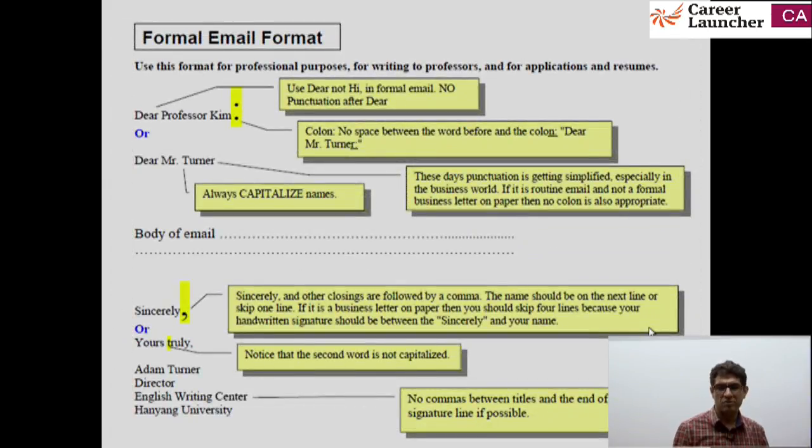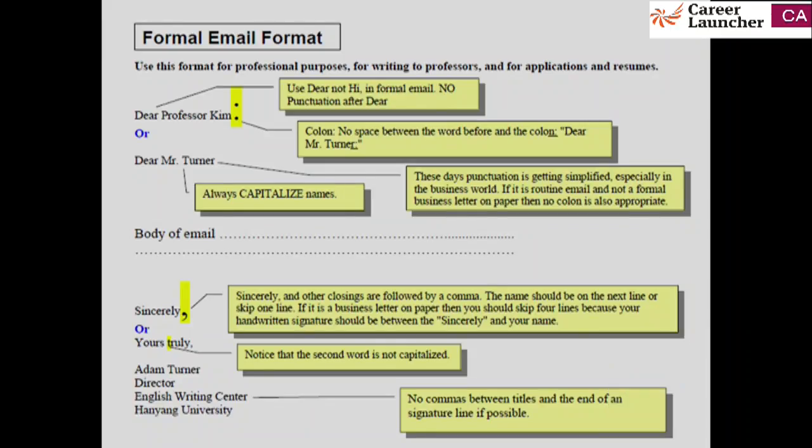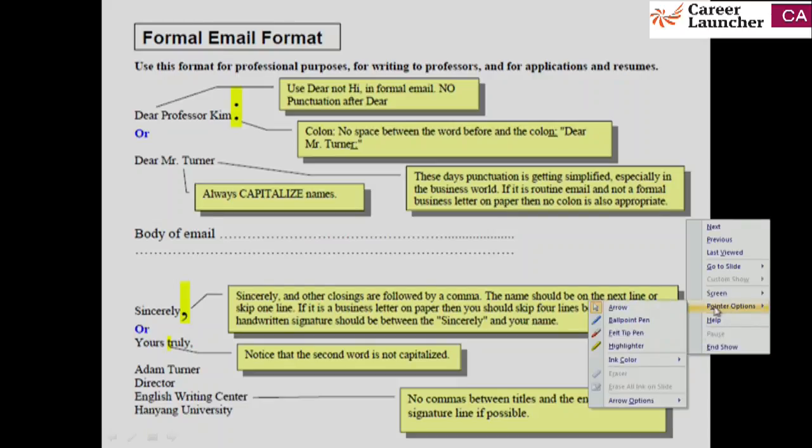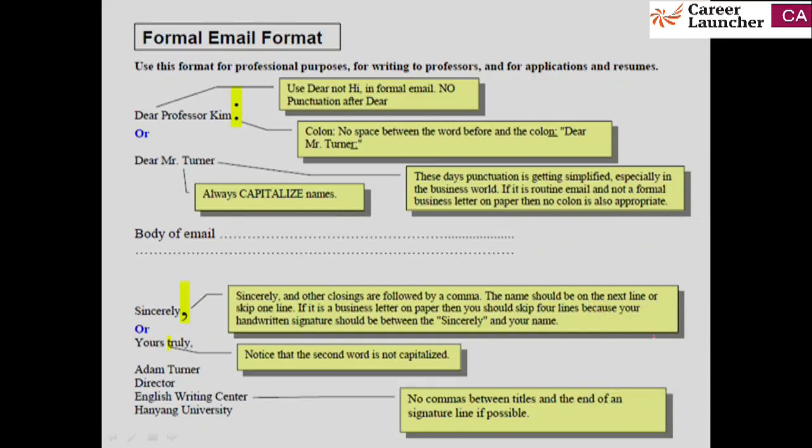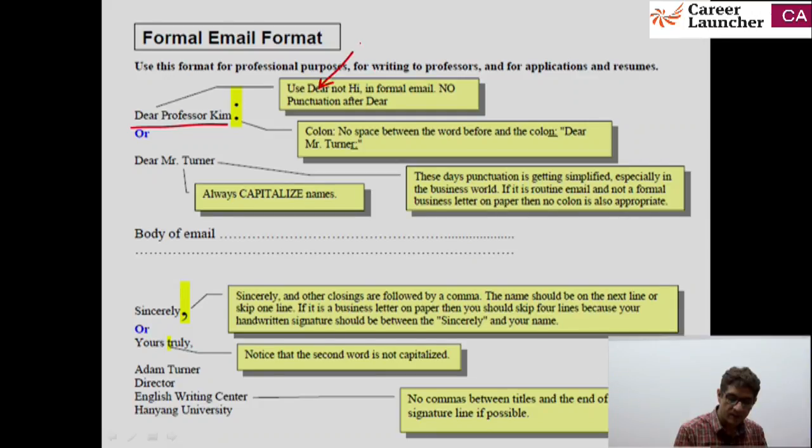So, here is a format that I thought I'll run you through. Let's just go through this together. You start with addressing the person. You notice you can use "Dear", or you can simply write the full name. Put a prefix and then write the name.